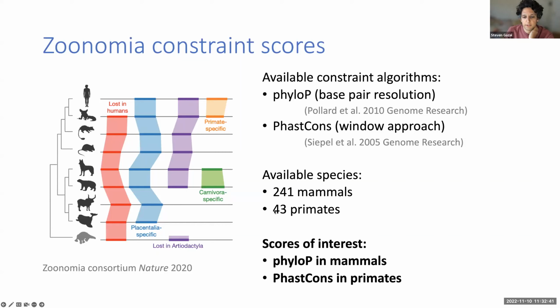So in Zoonomia, we had 433 primate species. There's not enough branch length to run phylogeny. So we ran FastCon, which is a window-based approach, and that will give us constraint in primates at a small window resolution.